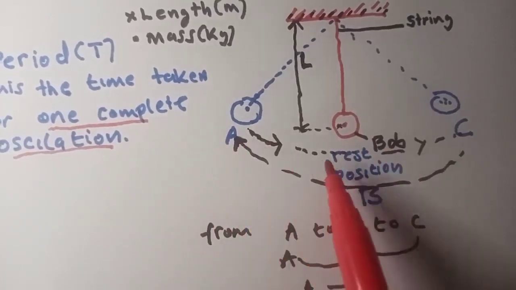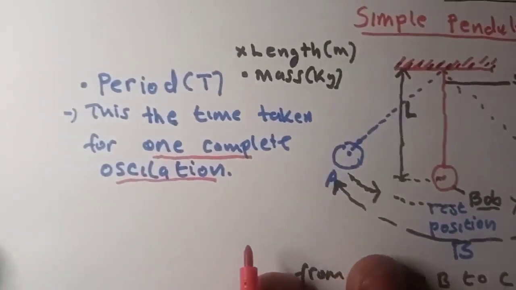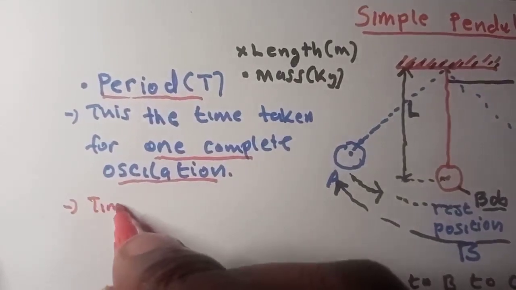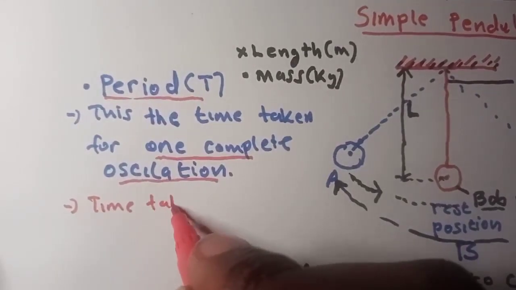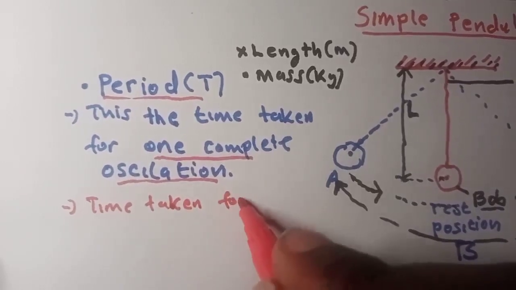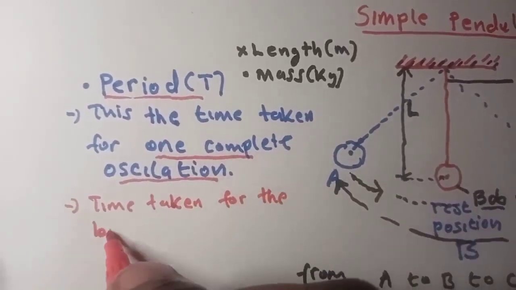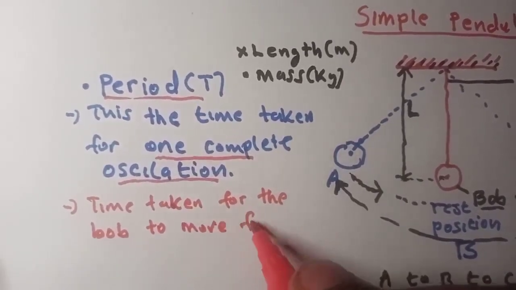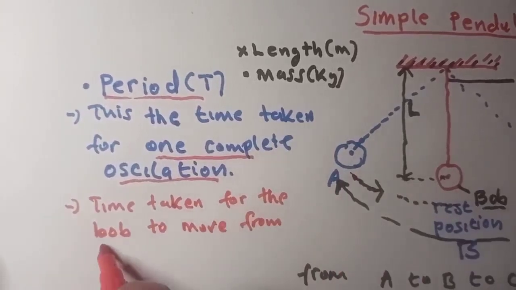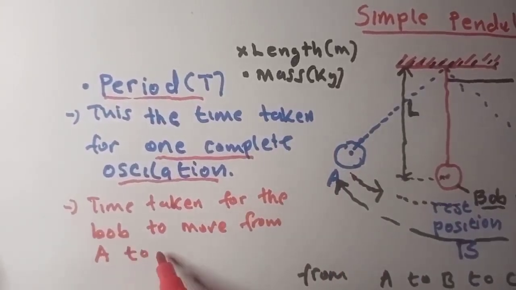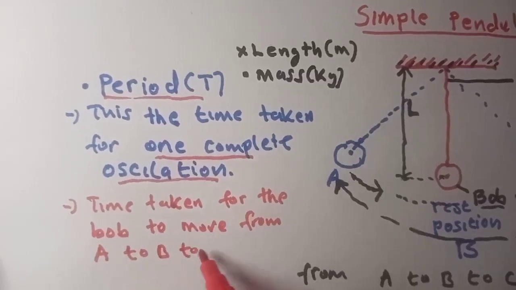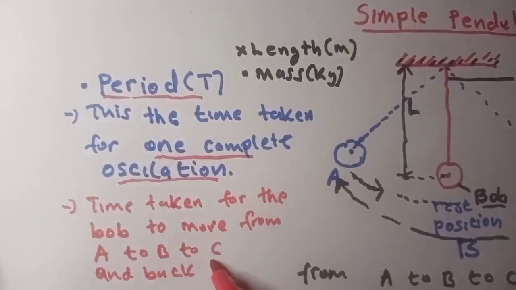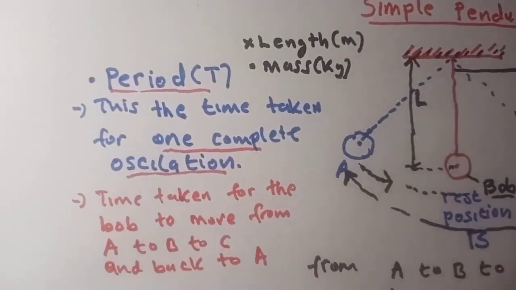And so we can simplify it and say period is also the time taken for the bulb to move from A to B to C and back to A. That is the other definition, right?